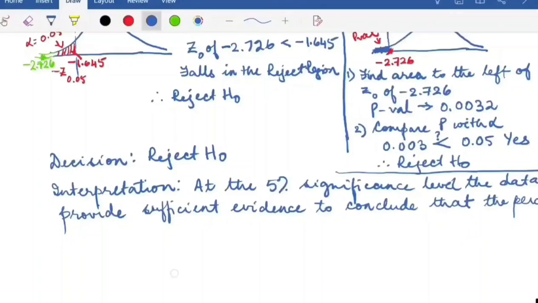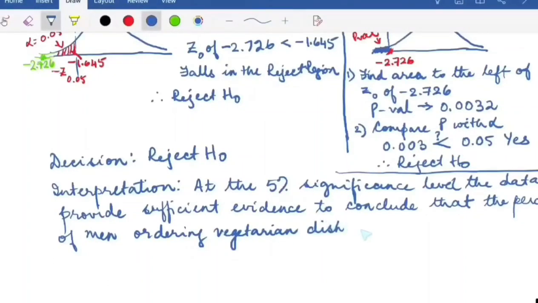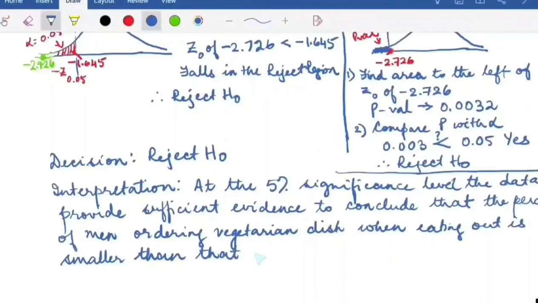So that the percentage of men ordering a vegetarian dish when eating out is smaller than that of women. All right? So that's the complete hypothesis test for this problem.